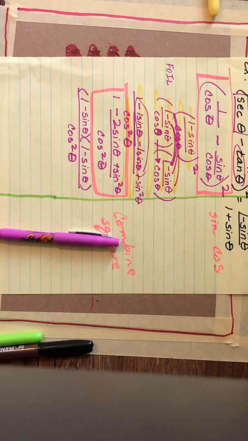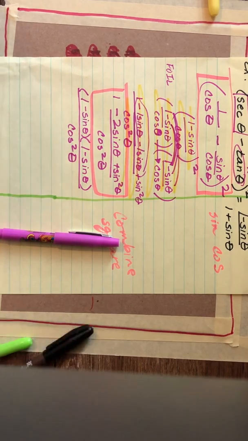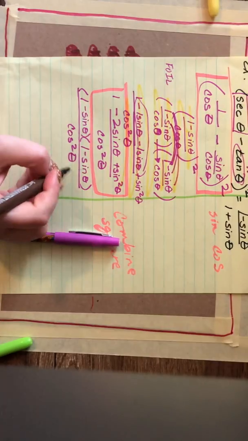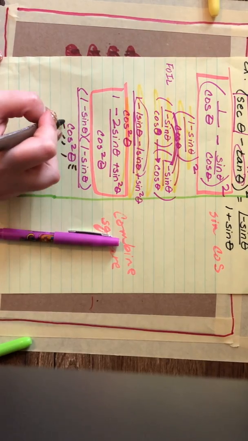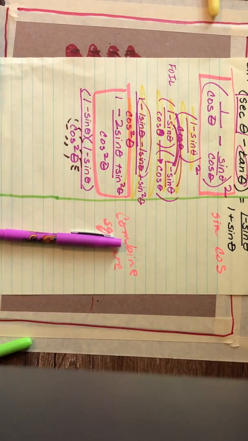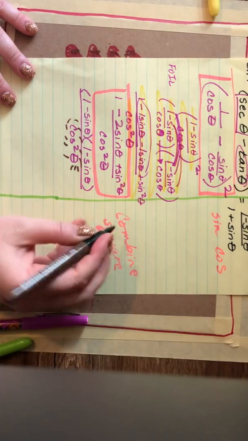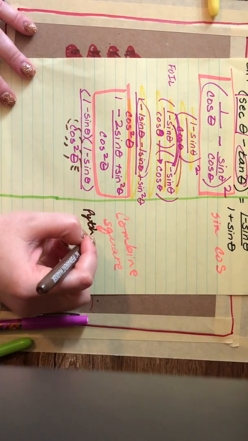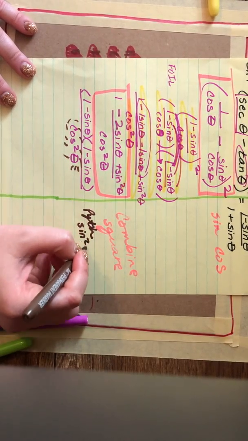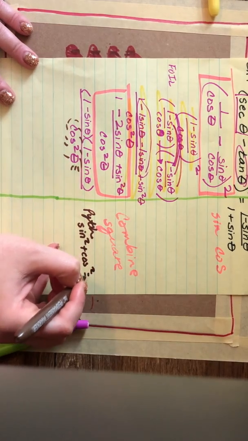How could we somehow make this smaller? Well, alert, alert, alert. I see cosine squared theta. And I know it's a Pythagorean identity. It's sine squared plus cosine squared equals 1.